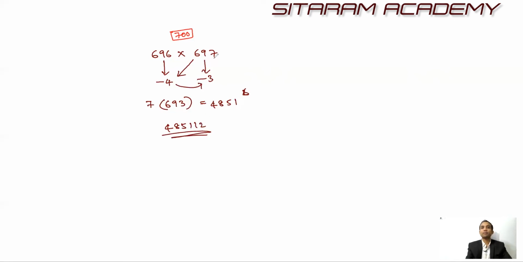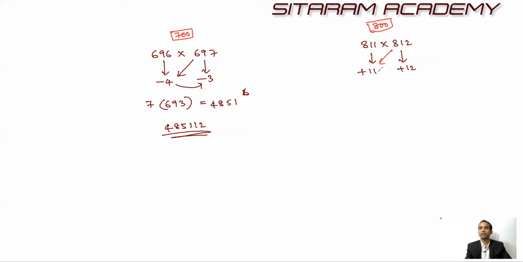That's it. Let us suppose we have more than hundreds. Let us take one more example. More than 800. 811 multiplied with 812. So this is 11 more than 800 and this is 12 more than 800. So this number is near 800. So multiply it with 8. So 812 plus 11.